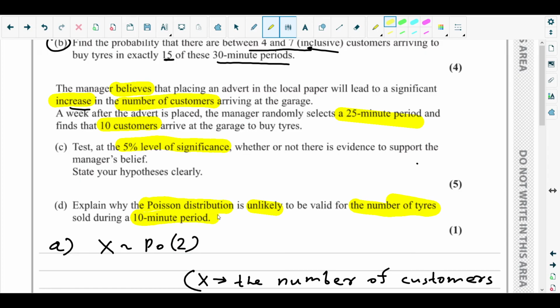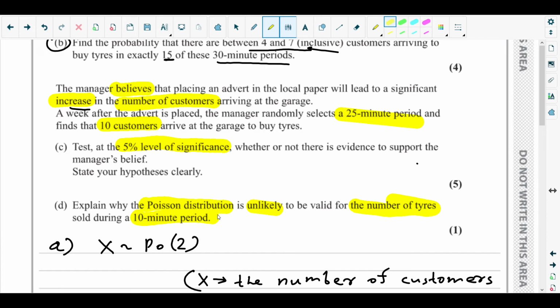Most of the students get confused in this part, because the question earlier said it has a Poisson distribution, but now the question is asking why it is unlikely to be valid. So you will feel confused here.